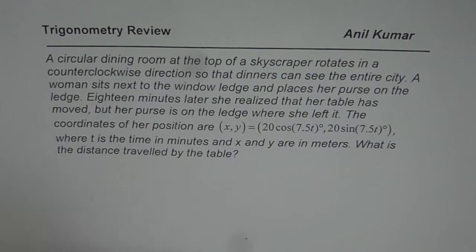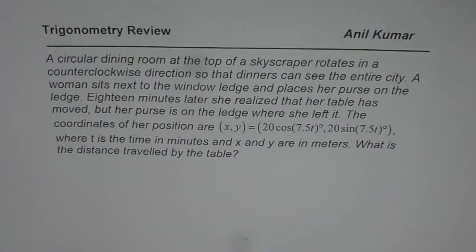The question here is: a circular dining room at the top of a skyscraper rotates in a counterclockwise direction so that the diners can see the entire city. A woman sits next to the window ledge and places her purse on the ledge. 18 minutes later, she realizes that her table has moved, but her purse is on the ledge where she left it.